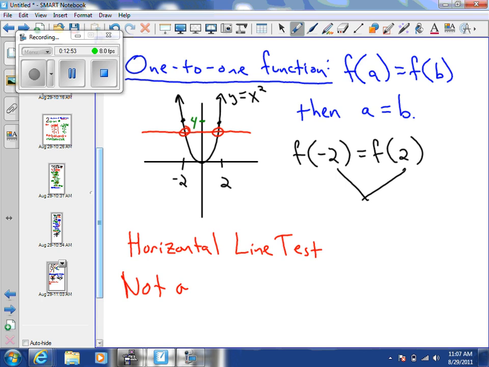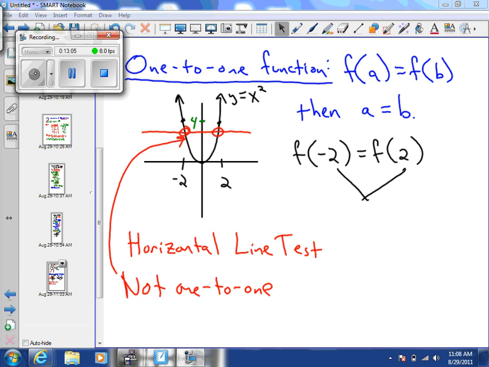Here we see that this horizontal line touches the graph at more than one point. This tells us that this graph is not one-to-one. Even though that's a function, it is not one-to-one, and it therefore does not have an inverse.